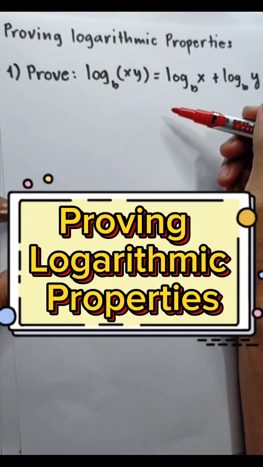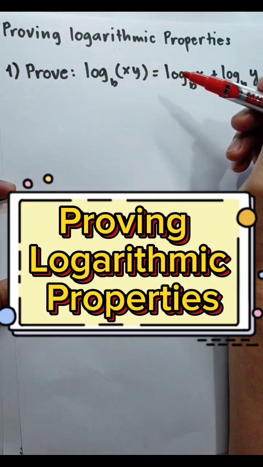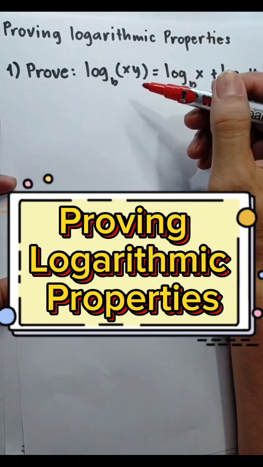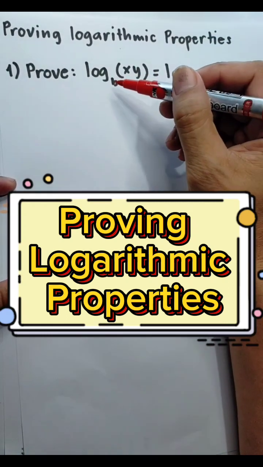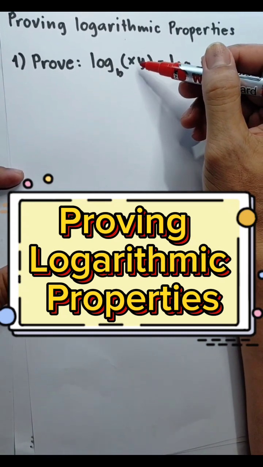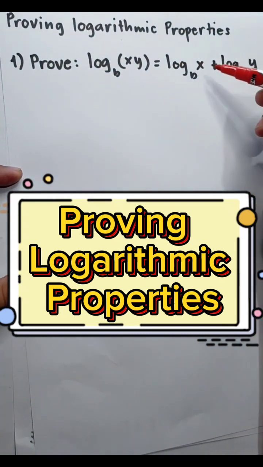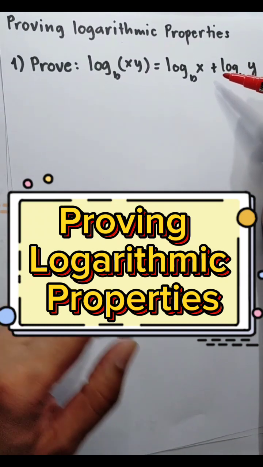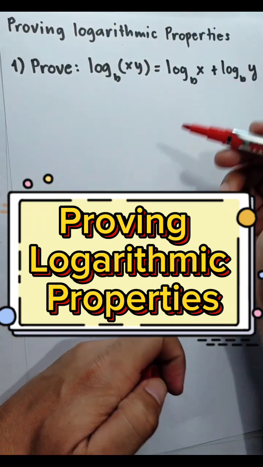Proving logarithmic properties. Number one, let's prove the product rule. If we have log base b of the product of factors x and y, then it's equal to the sum of the logs of its factors.